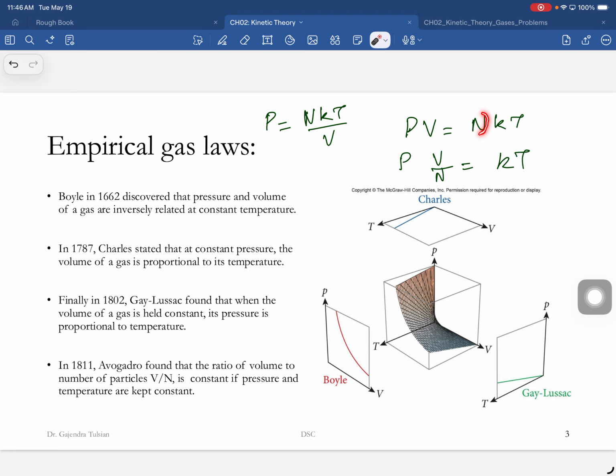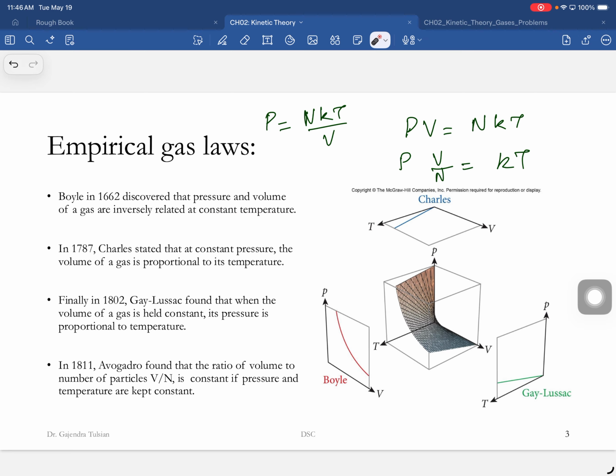If you increase N, this surface goes higher. So this is the surface on which your gas is living. So what did Mr. Boyle discover? He discovered a constant temperature law.